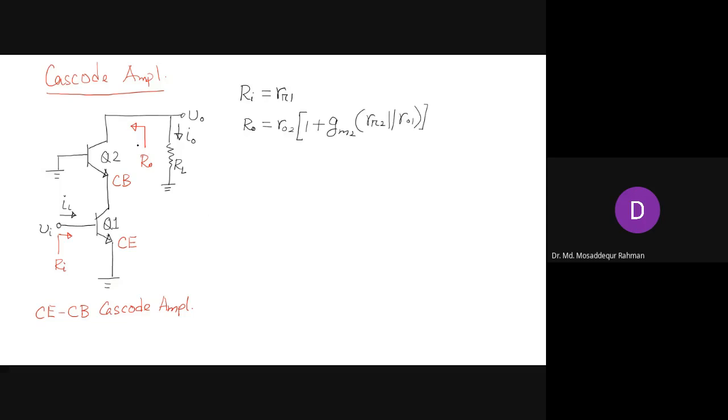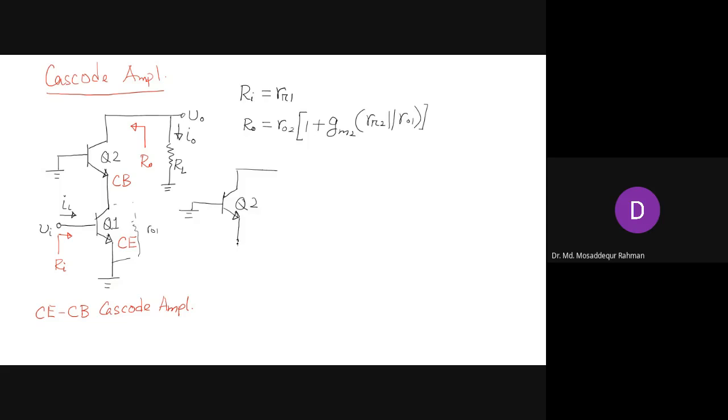If you look on the output side, this circuit we can simplify like this. That is, base is grounded. That is our Q2, right? And then from here, this whole part we can replace by the resistance that we have here, that is small r01, looking down.